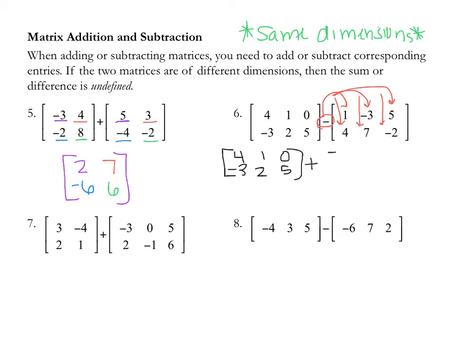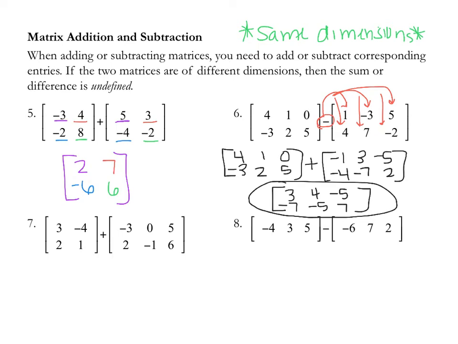So I'm going to change it to plus, and I'm going to change all of these to the opposite sign. So it's going to be -1, 3, -5, -4, -7, 2. And then I just have to add them together to get my answer. So that's going to be 3, 4, -5, -7, -5, and 7, and that would be my answer.